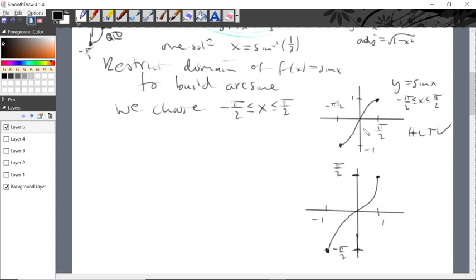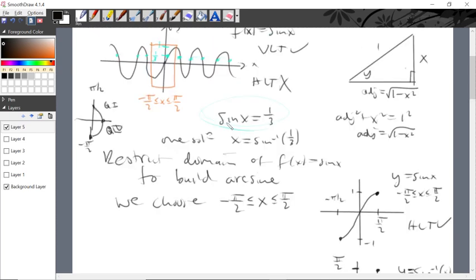When we switch all the x's and the y's, this would then be the arc sine of x function. Okay, so its domain is from negative 1 to positive 1 inclusive, and the range is from negative pi over 2 to pi over 2 inclusive.